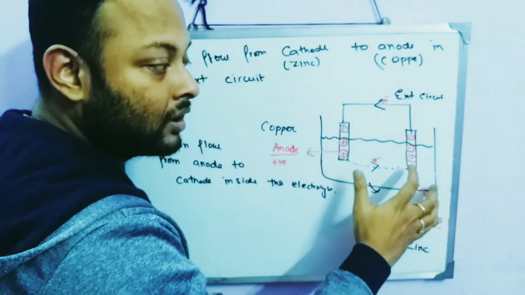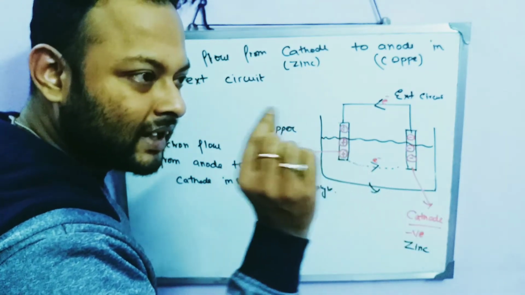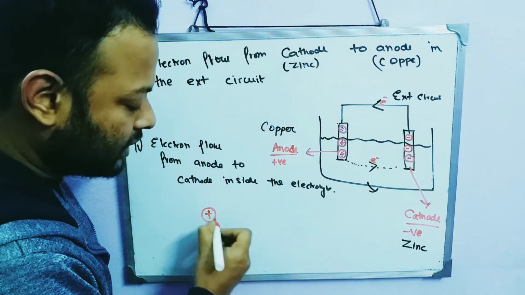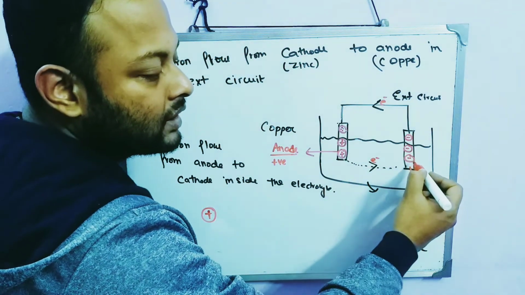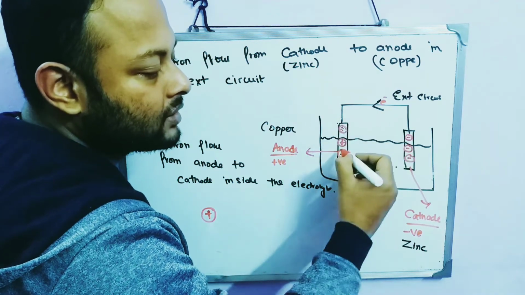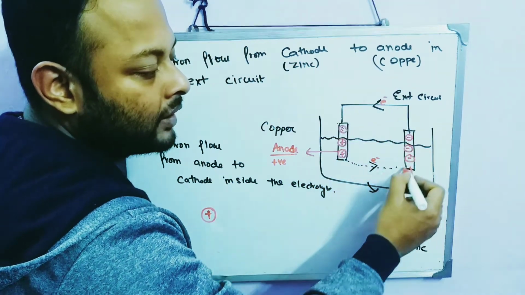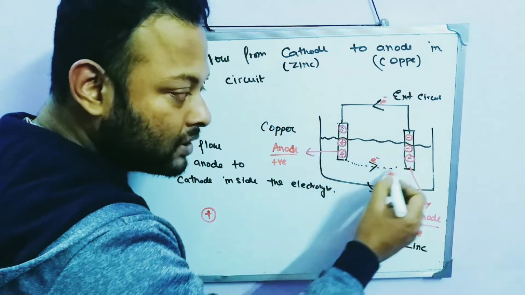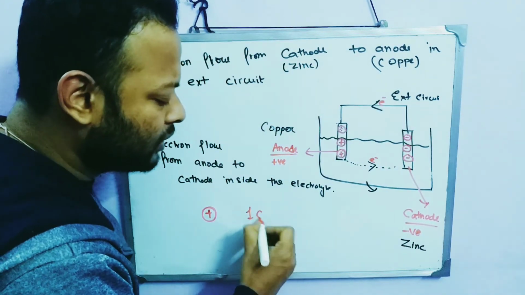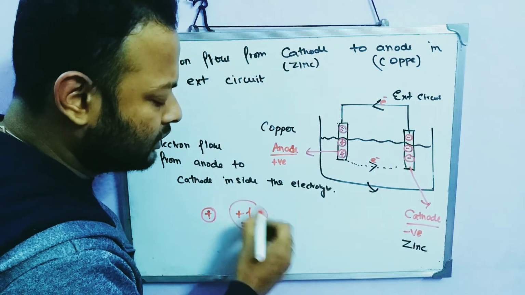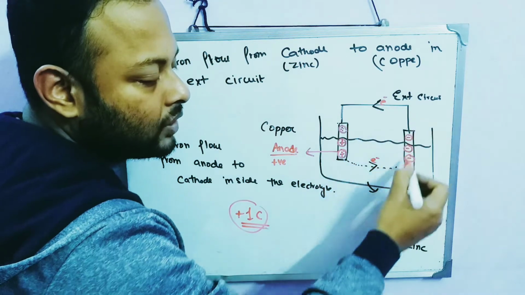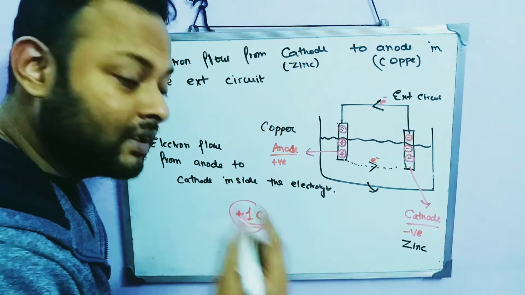Suppose you consider this as a positive charge, say 1 coulomb, going from here to here to here, and back again.